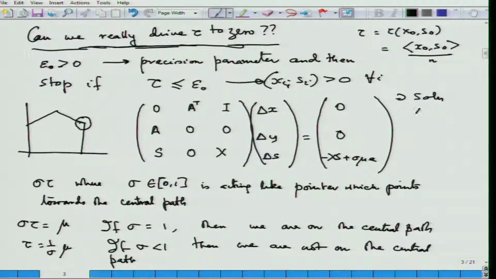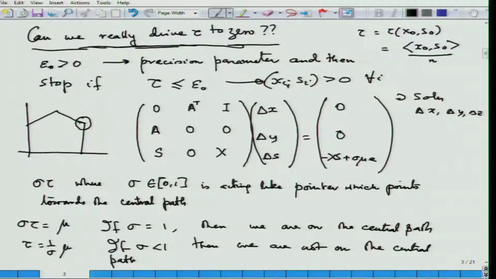So, from any solution delta x, delta y and delta s, you can create a new solution by adding delta x to x k, delta y to y k, delta s to s k, by putting in certain controls.